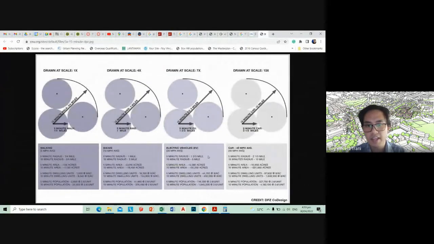And then electric vehicles, basically electric-powered bicycles or very light transportation, you can go a bit farther at one and two-thirds miles, and then 5 miles for the 15-minute radius. So there is now a measurement as to how big your residential and commercial sheds would be.